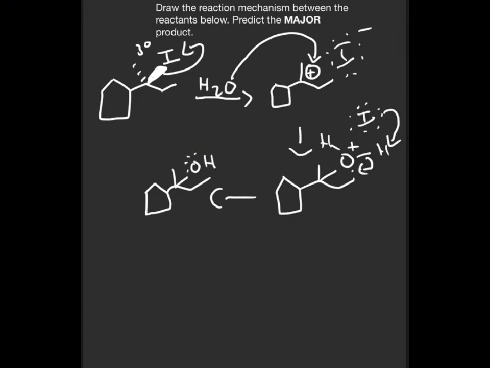And finally, we need to remember that in SN1 reactions, we'll have a racemic mixture. That pretty much means we'll have two enantiomers, where one will have a dashed OH, and the other will have a wedged OH. So that'll look like this.